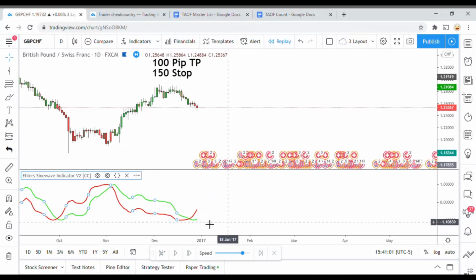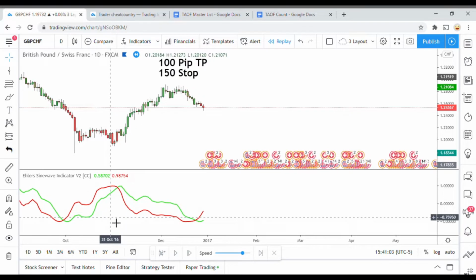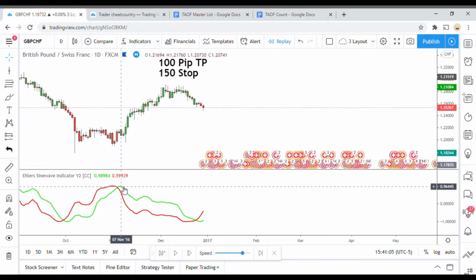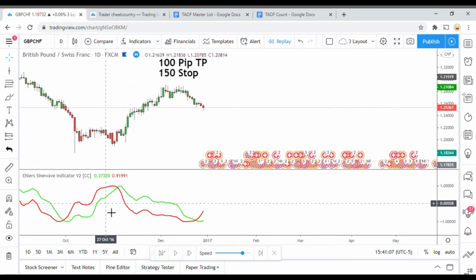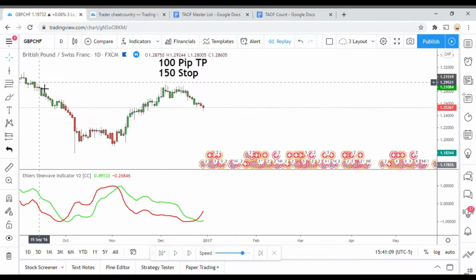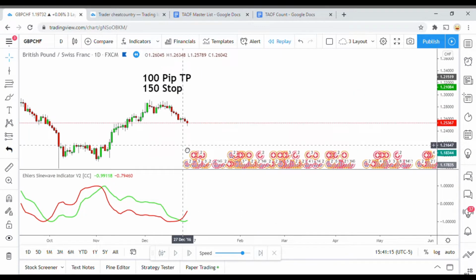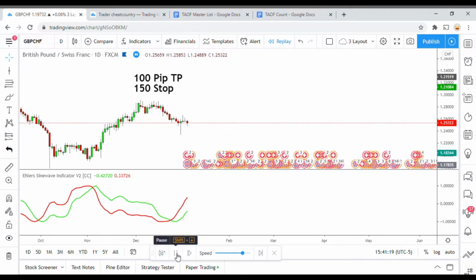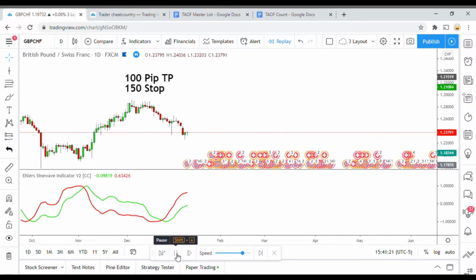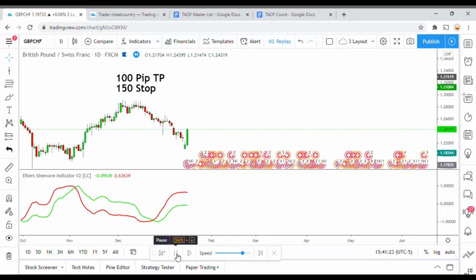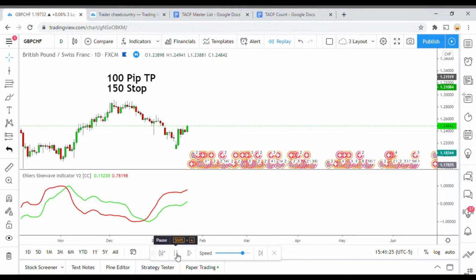Oops, not gray, red. All right, so what we're looking for is when the green line is above the red, that's a long. When the red line is above the green, that's a short. So pretty simple setup. I'm going to go ahead and turn off the bar color, and let's play it forward and see what we can get out of the sine wave indicator.